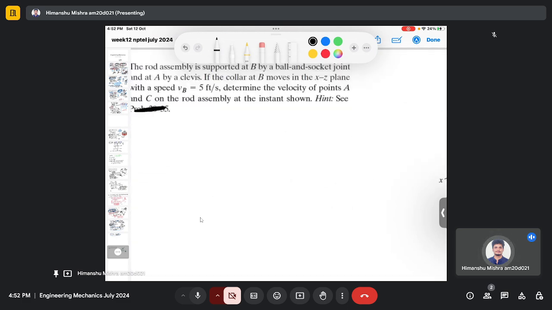So the velocity of point A is given as Vb plus Va with respect to B, which is omega ABC cross Ra with respect to B. All this concept we have already seen in the previous classes when we were solving relative velocity problems, and we also discussed it briefly before we solved the previous question.